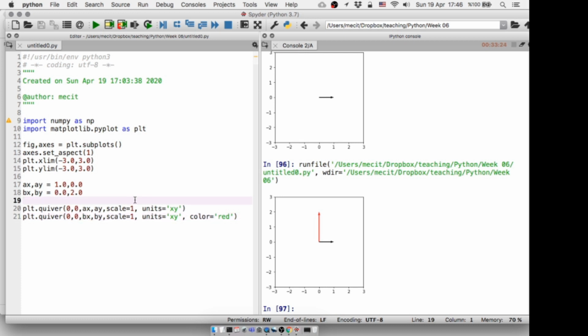Now I want to do two random vectors. Instead of 1 and 0, let's make this a random vector. I just need to supply two random numbers as ax and ay. Let's see what this looks like.